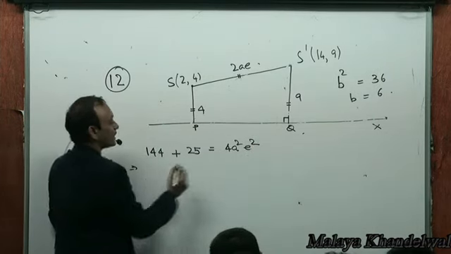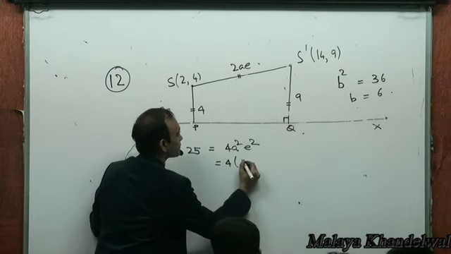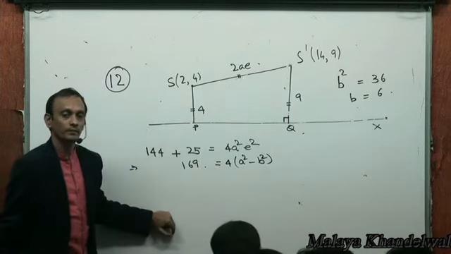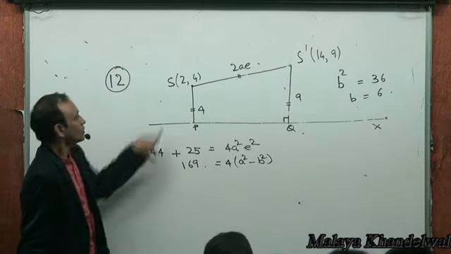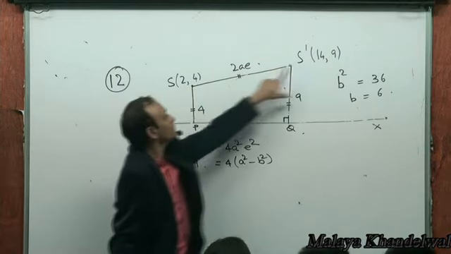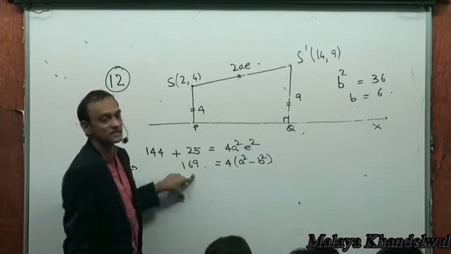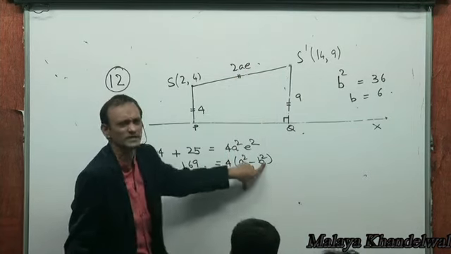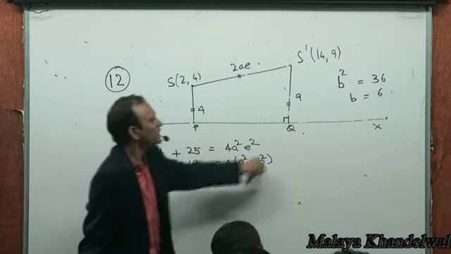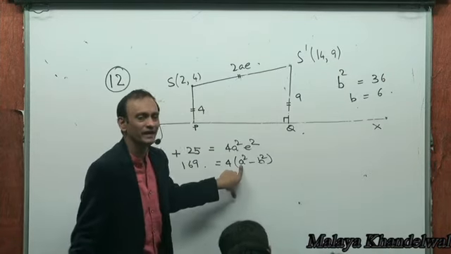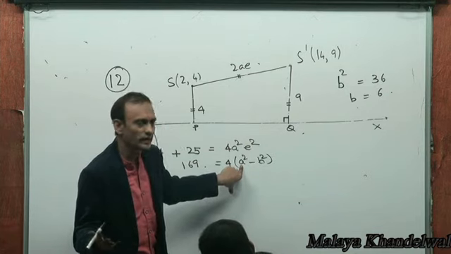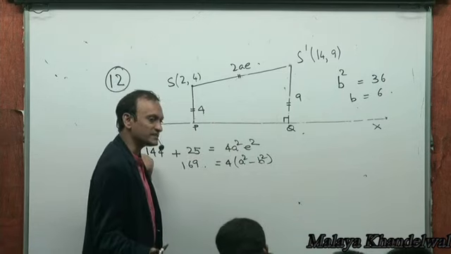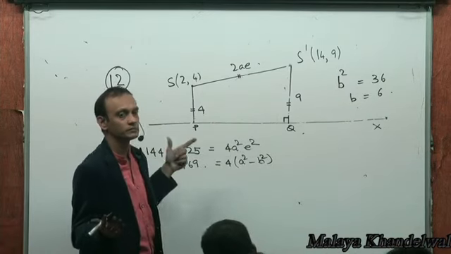Square of this distance, 144 plus 25, that is 169, must be 4A squared E squared. But A squared E squared is A squared minus B squared, and B squared we know is 36, so I know A. If I know A, then I know A squared E squared, and I can find the eccentricity of the ellipse. Could do that.